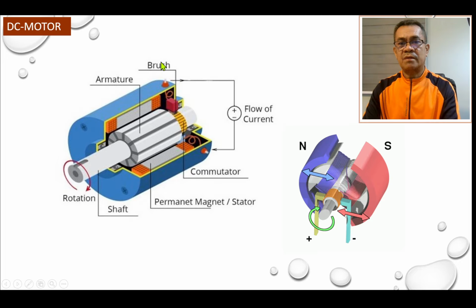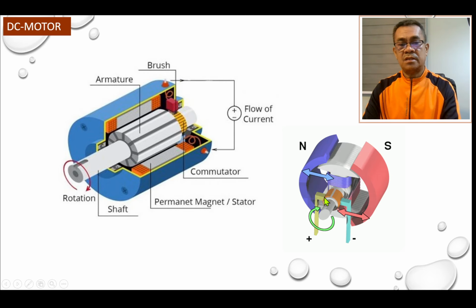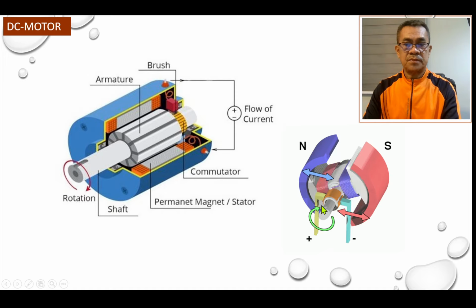And in the DC motor, we have the presence of the brush. The brush is the contact point of the source of battery. For example, this positive and negative is the power supply, and the points that connect the armature, the rotating system, are the brushes.